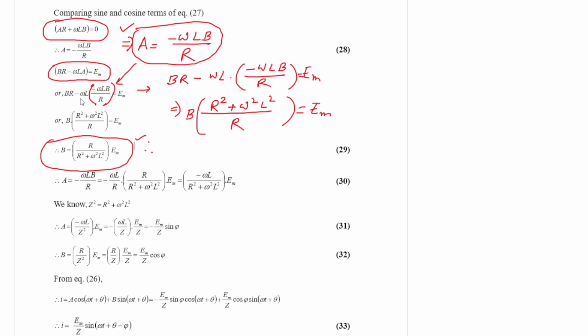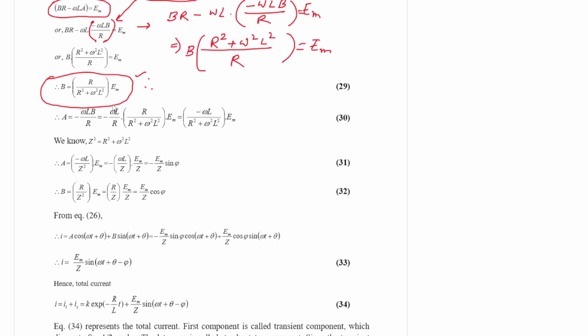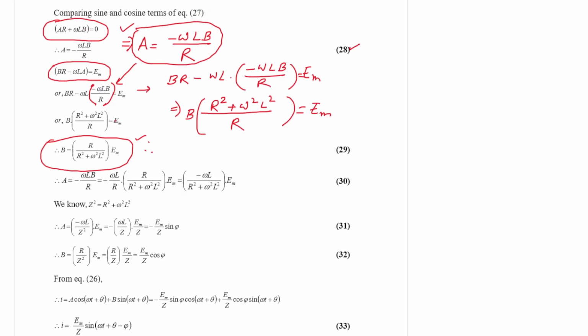Now from equation 28, having evaluated the value of B, if you substitute this value into equation 28, you get A equal to minus omega LB by R. Substituting B, which we just evaluated, and simplifying, A will be equal to minus omega L by R square plus omega square L square into Em.